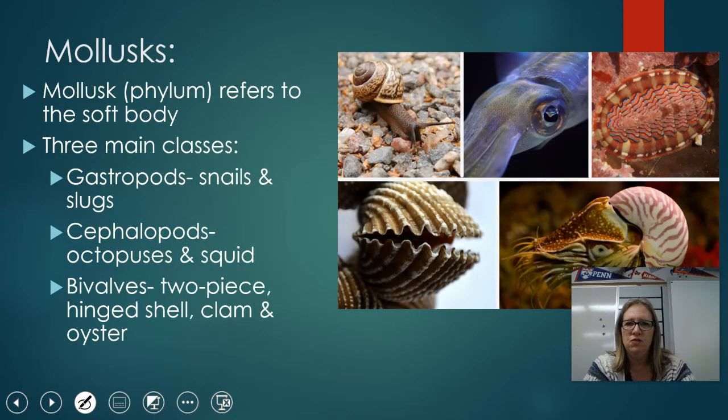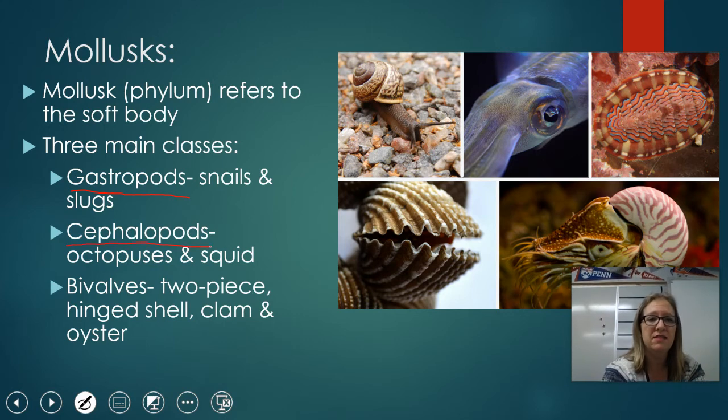All right, then we're into the mollusks. That's the phylum mollusk. This word refers to a very soft body. There are three classes, so kind of subgroups, not phylum, but kind of within the phylum mollusk, we get gastropods, which are snails and slugs, very soft. We get cephalopods.